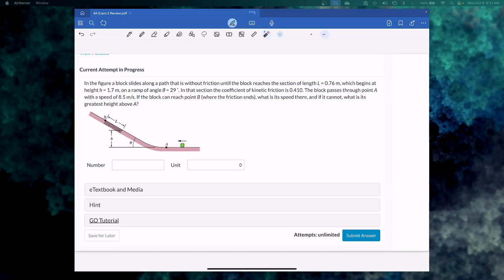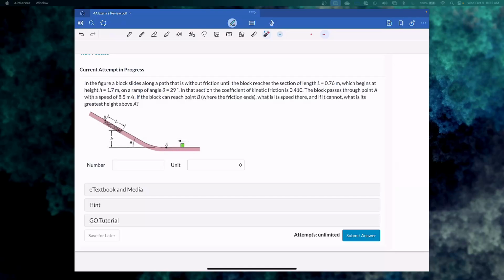So there's a couple ways you can go about this, but conceptually, what is true about this point right here if the block makes it to that point? It has to be moving, or at the very least have reached 0 right at that point, right?